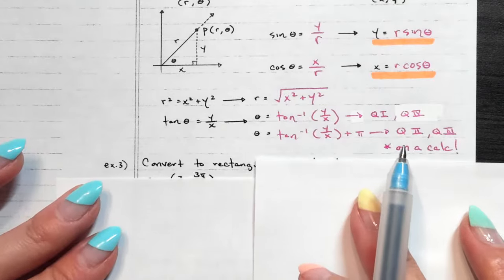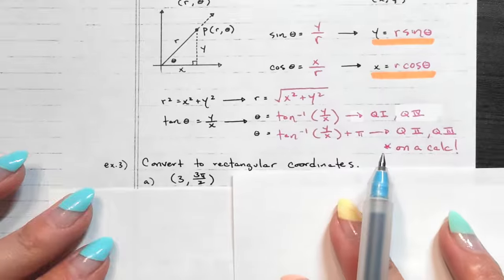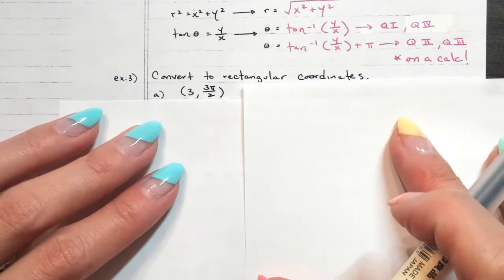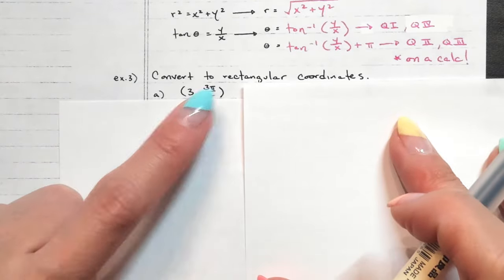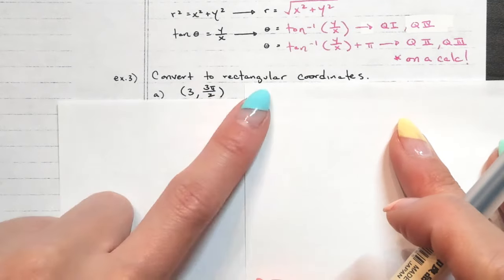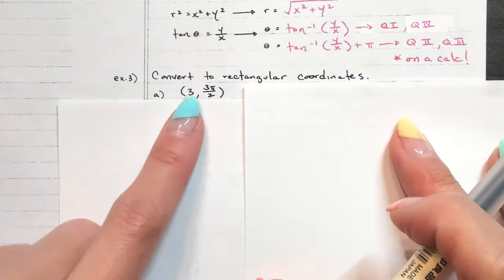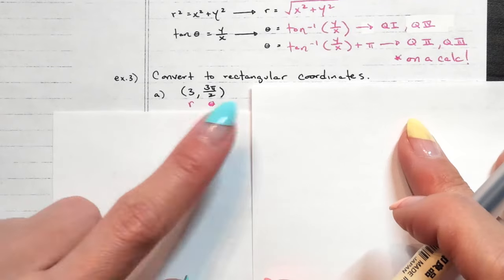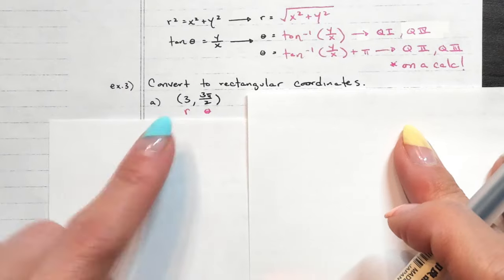Okay, so let's say we're converting to rectangular coordinates. So I'm going to start first by saying, okay, this is not rectangular right now. So what is this? Is this xy? No, this is not xy because that's what we're trying to get to. Right now, this is r theta. So I'm just going to remind myself, right now we're in r theta. How do you get x?